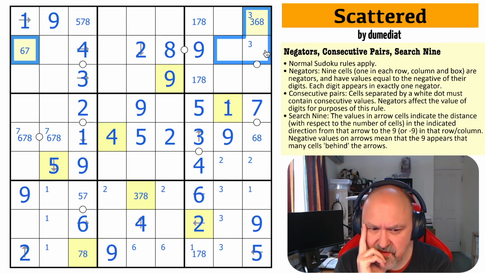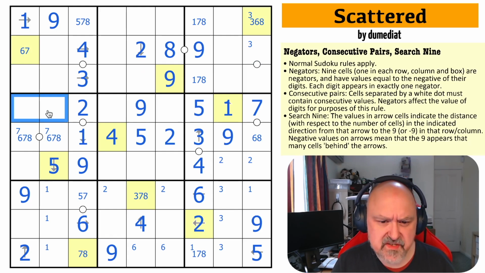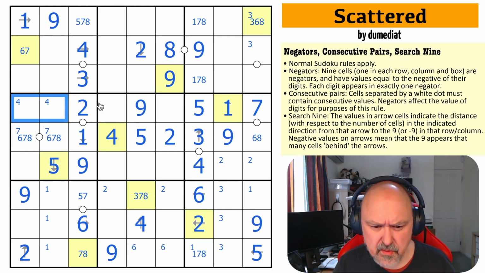I am so wanting to turn on pencil marks. 4 is in one of those two. Oh, this is not the 2. This is the 2.